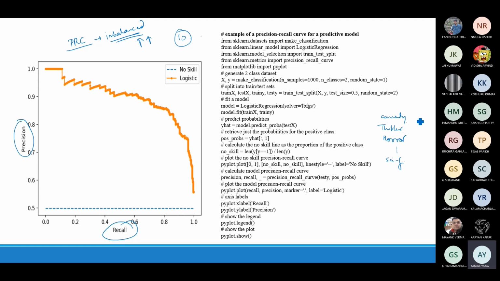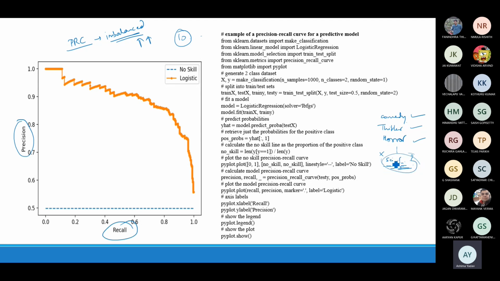In this case, maybe I can have enough samples for comedy, thriller and horror movies, but for science fiction I'm not having so many samples. Even if I try hard, I'm not able to find many samples for this category. I could remove this category from the data set, but I don't want to.